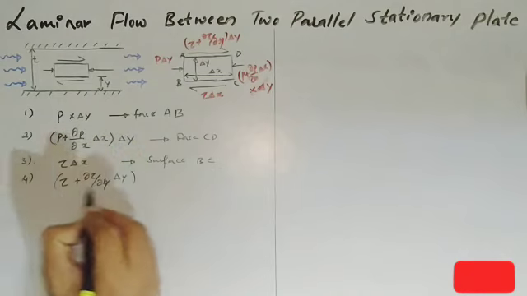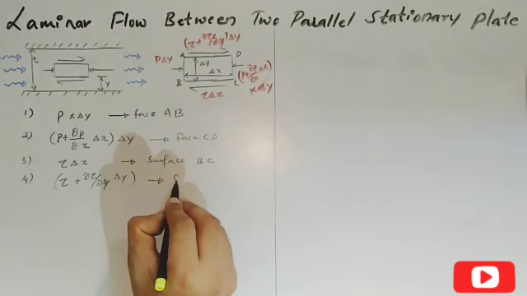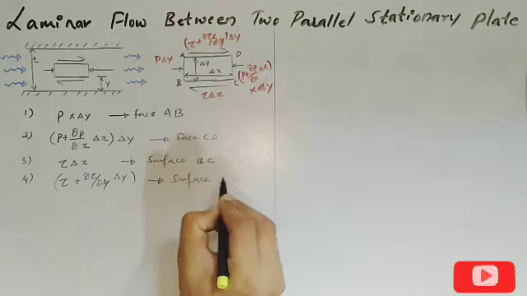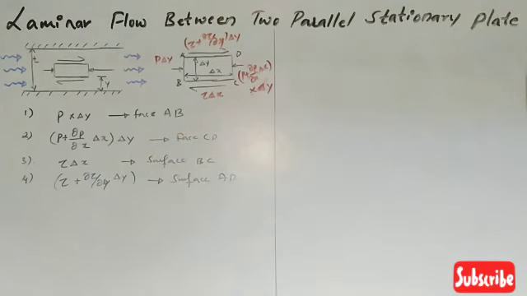This is the shear force acting on AD. Now, as there is no acceleration, the resultant force or net force in all directions will be equal to 0.